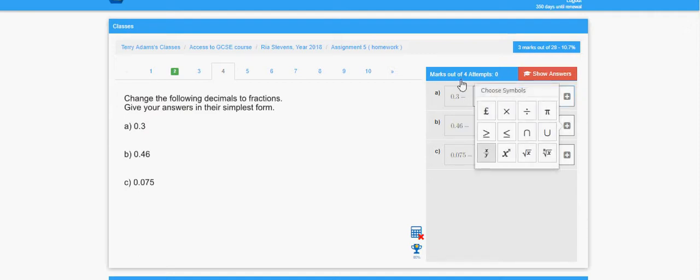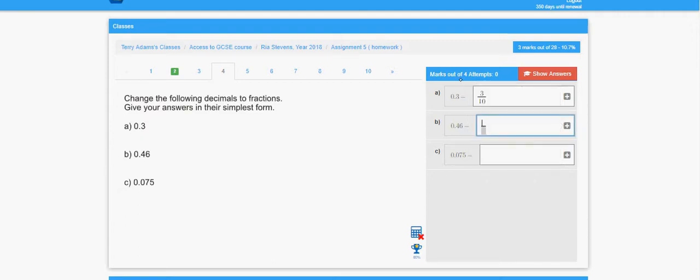Now B, again, they want it as a fraction. So now what we've got is 4 in the tenths and 6 in the hundredths. So I read across and up. So 46 hundredths.